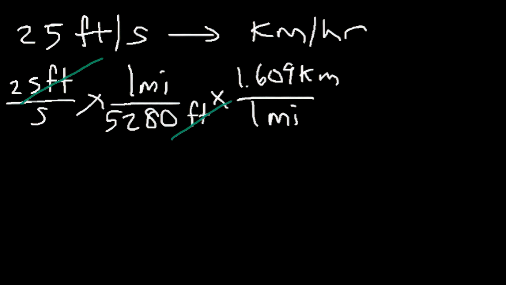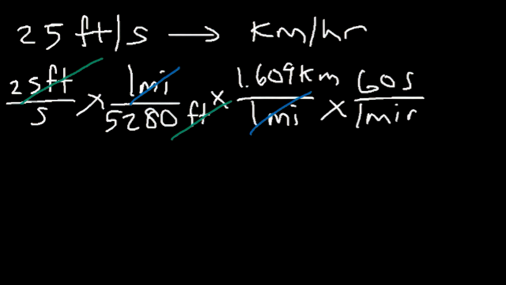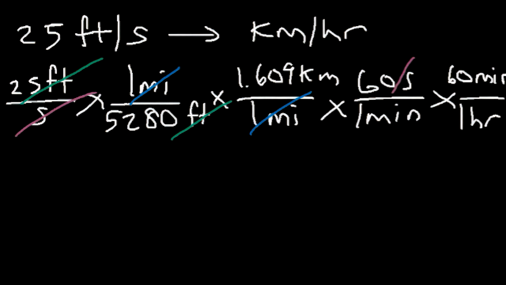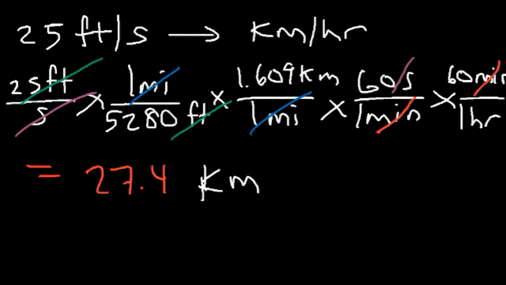So these units cancel, and the unit miles cancel. And we know there's 60 seconds in a minute, and 60 minutes in an hour. So seconds cancel, minutes cancel as well. And so it's going to be 25 divided by 5280 times 1.609 times 60 times 60. And you should get 27.4 kilometers per hour.